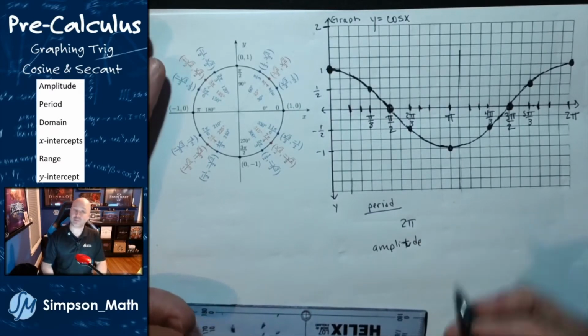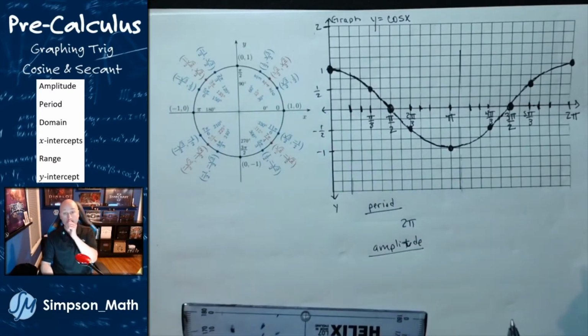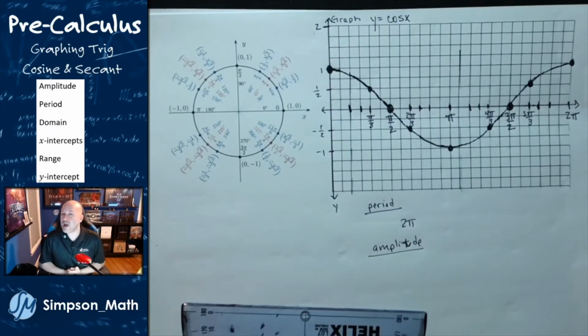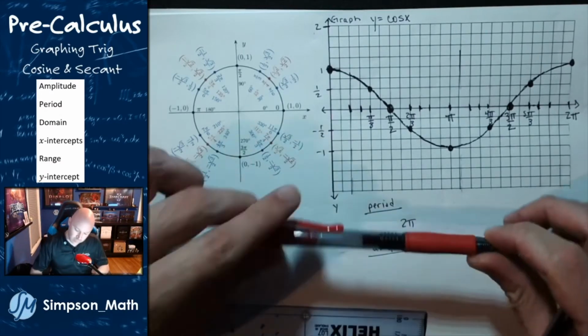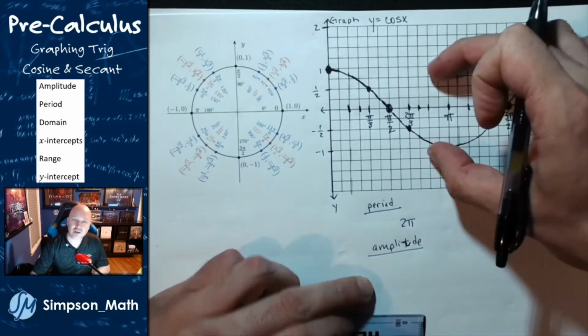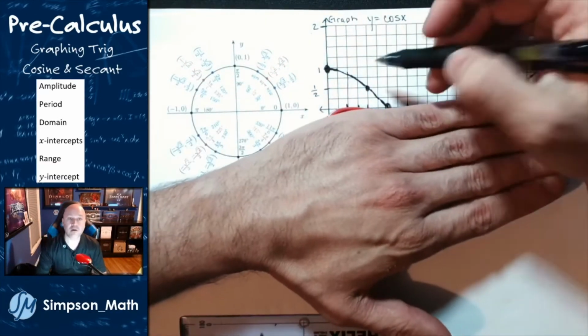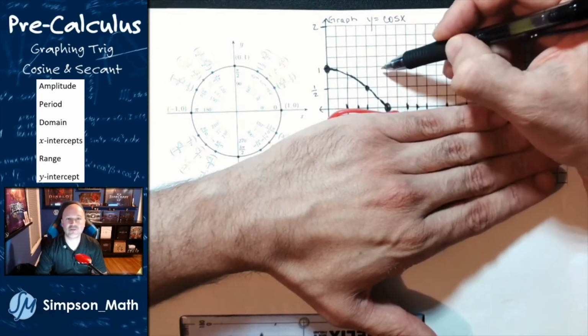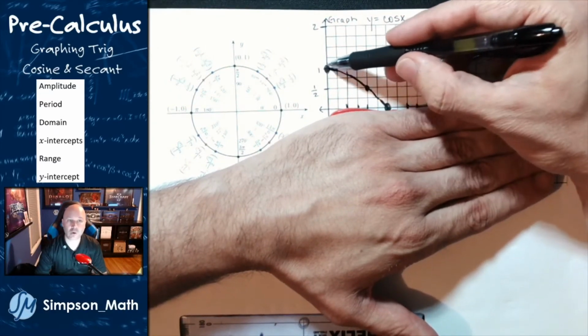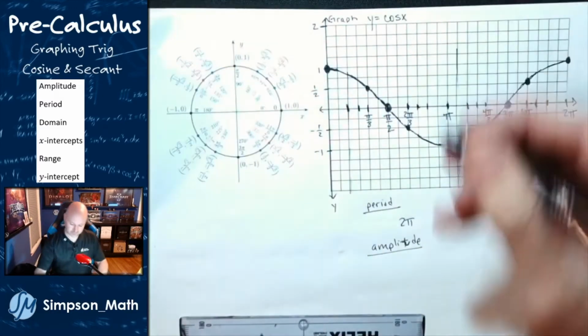How about the amplitude of this cosine wave? That is, from a 0 position, how high does this wave go? So you cut the graph in half, and then from that 0 marker, how high does the wave go up? Well, 1 unit.